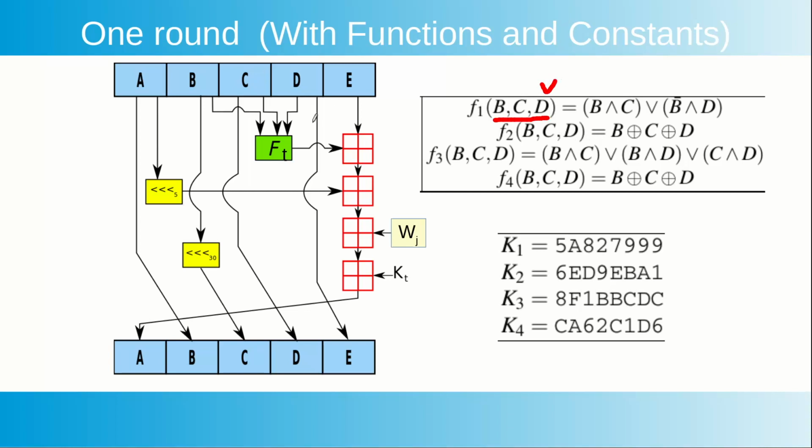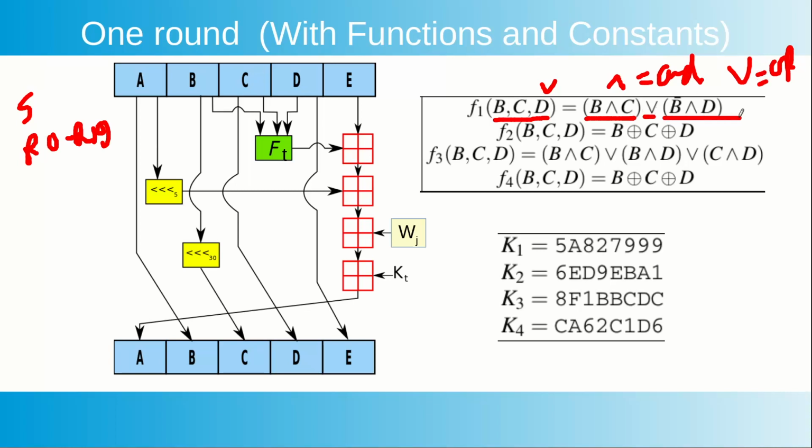And for the first stage, stage number 1 means round number 0 to round number 19, the function is B and C, or, B and D. So, this is AND and this is OR. That I will use for the first 20 rounds, and the corresponding constant is this one.